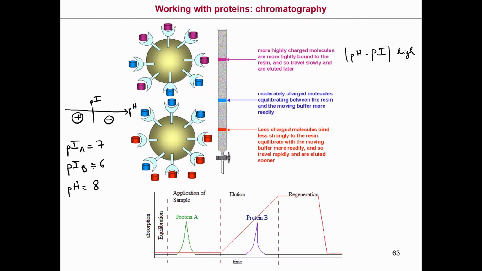This is the case here with B. When the difference between the pH and the pI is low, you have a protein which is moderately charged, and so it will move with the buffer more easily than protein B.